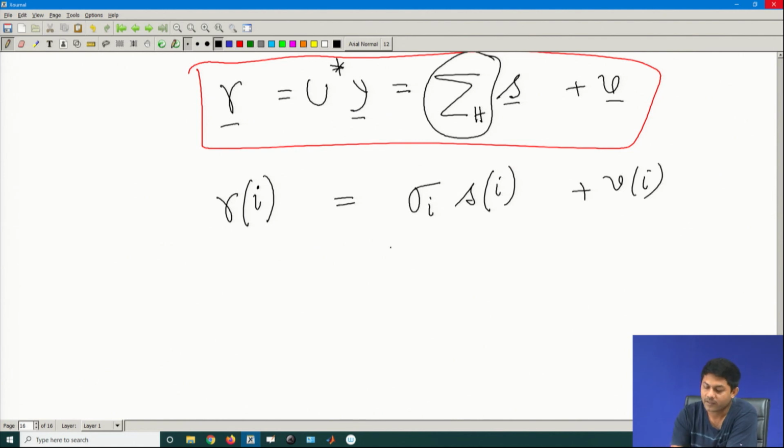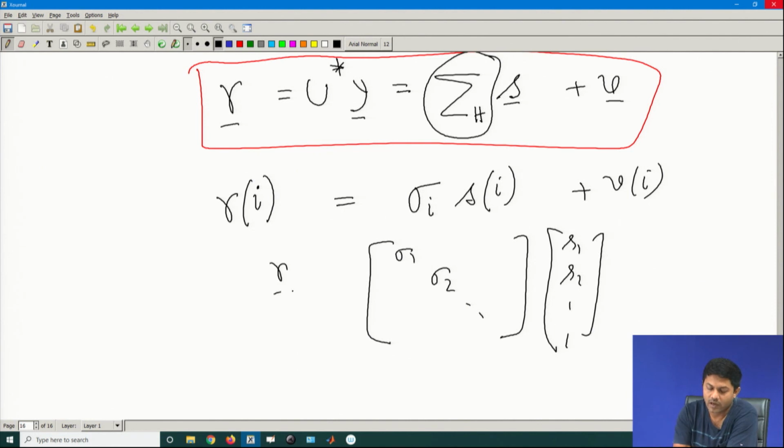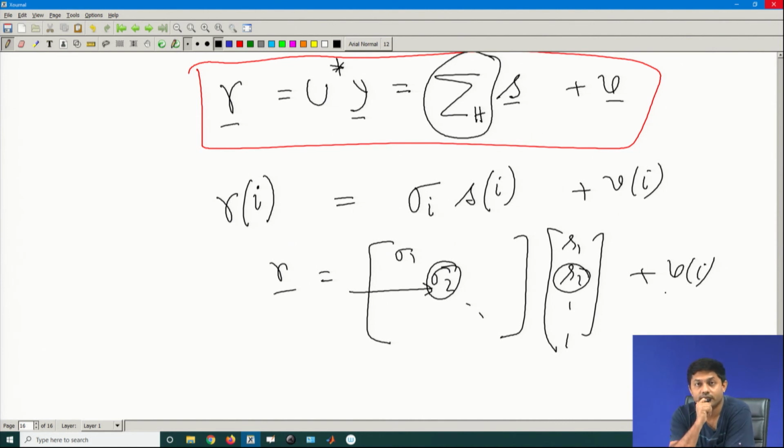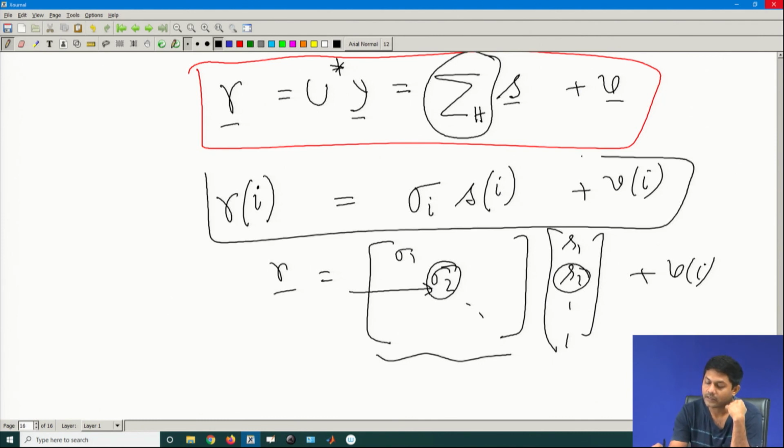Because it is a diagonal matrix, it means that you have sigma 1, sigma 2, dot dot dot, and there is some S 1, S 2, dot dot dot, and this is my R vector plus V vector. So, if I say the ith element, that means only the multiplication of this and the ith element of this will come. So, I really do not have to worry about matrix inversion and all, because though it is a matrix, I am not now dealing with a matrix, as I can individually pick up, and individually the data model will be like this.